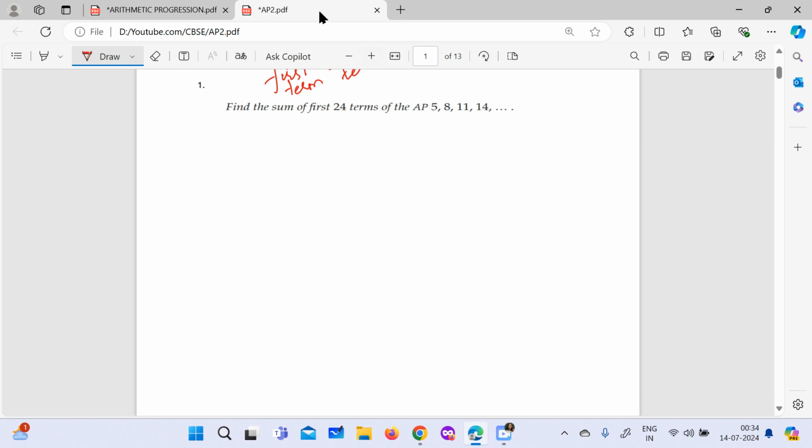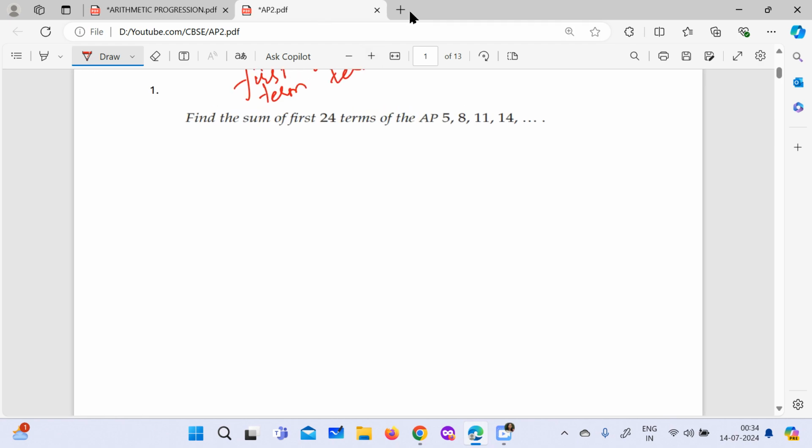First question: find the sum of first 24 terms of the AP 5, 8, 11, 14. So this is a very simple one. Your question is about the sum of first 24 terms, so you have to find S24. And what is the formula? Sn is equal to n over 2 times (2a plus (n minus 1) times d).